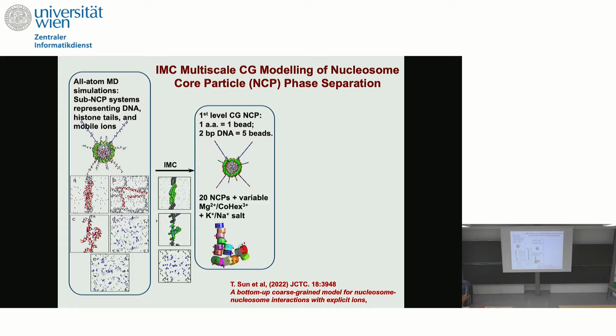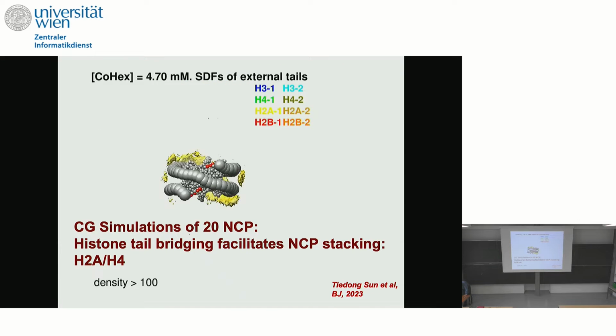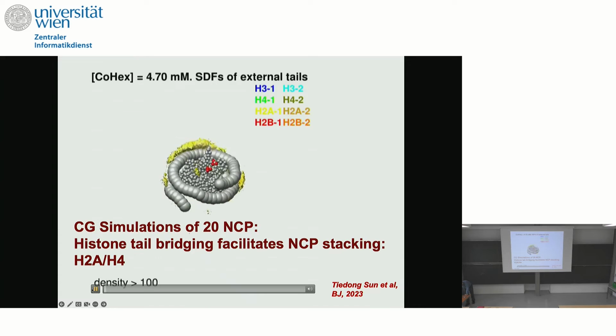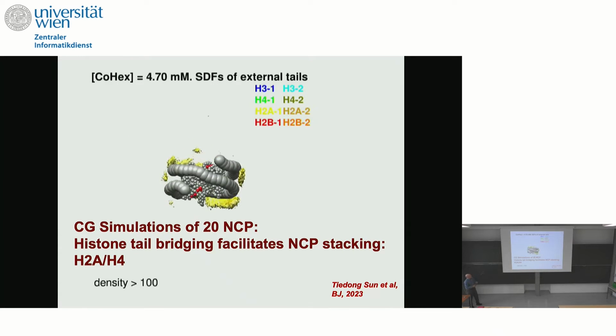One interesting thing you can analyze from this is the contribution of the tails to the stacking of nucleosomes on top of each other in these columns. This is the analysis of the external tail spatial distribution function around a given central nucleosome.